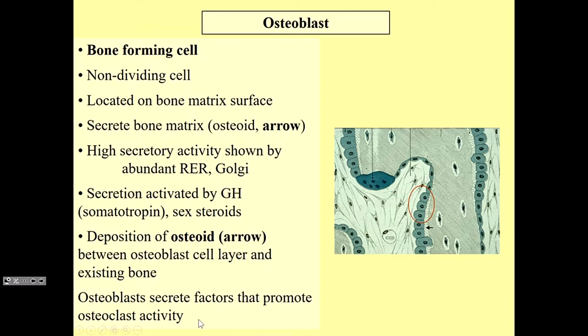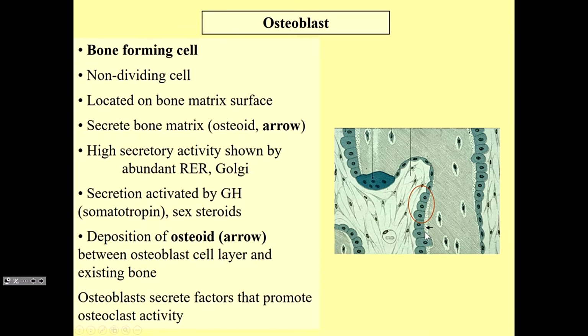And here is our osteoblast now in the red circle. Okay, so now that it's differentiated from a mesenchymal cell into a blast, it can no longer divide, and it occurs on the surface of the newly forming bone, and it deposits this osteoid, shown here with the arrow.